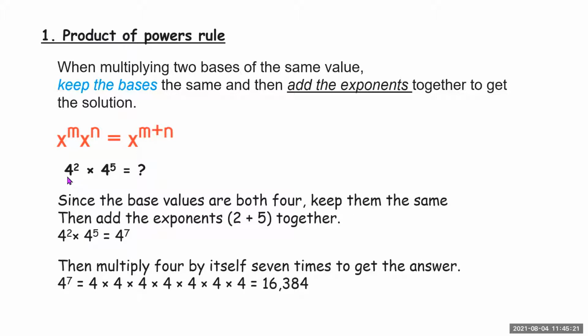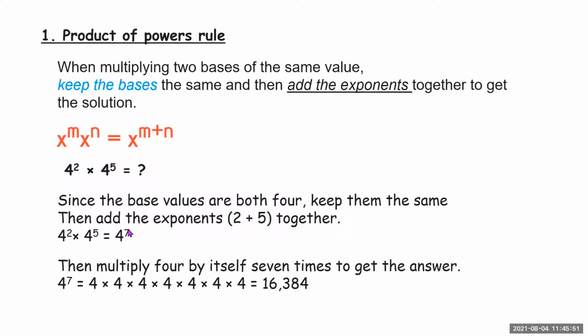So what will be the answer for this one? 4 power 2 times 4 power 5. Here 4 is the base, which is the same in both cases. So keep that the same. Then the exponents are 2 and 5. So 2 plus 5 is 7. So 4 power 2 times 4 power 5 is nothing but 4 power 7.